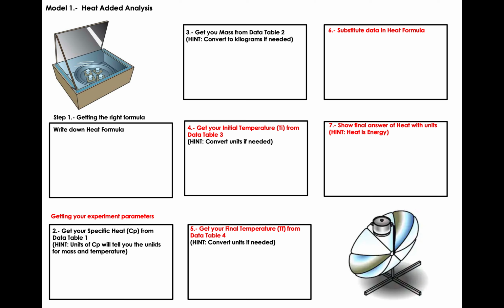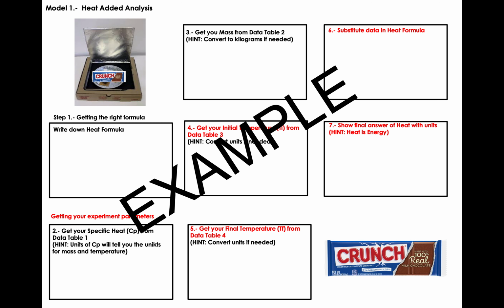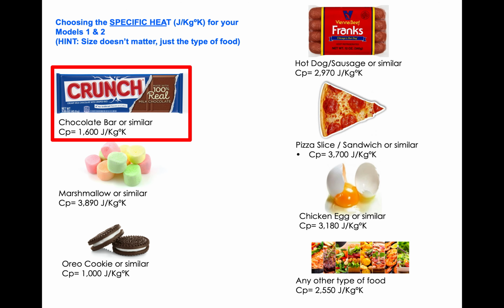Now, with this information, you're going to calculate the heat analysis for model 1 and the heat analysis for model 2. Now, let me give you an example. Suppose that this is my solar oven and I used a bar of chocolate. Now, I go to slide number 2 and I select chocolate, and the CP is 1600 joules per kilogram degrees Kelvin.